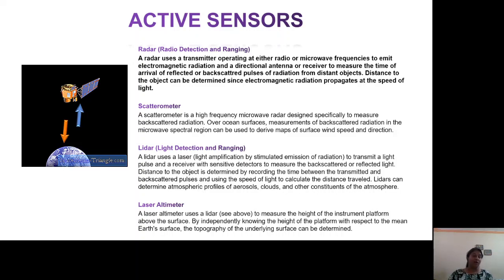LIDAR is now the most popular type of sensor used, as you might have heard about the driverless car. Those use LIDAR sensors. Laser altimeter measures the height of the instrument platform above the surface.